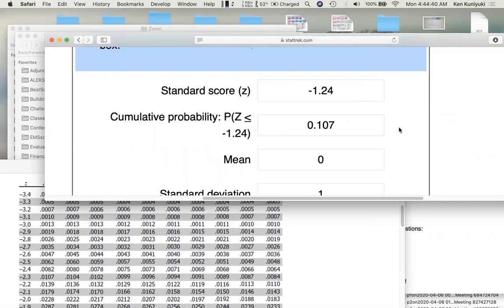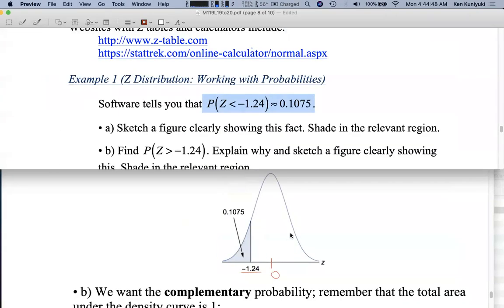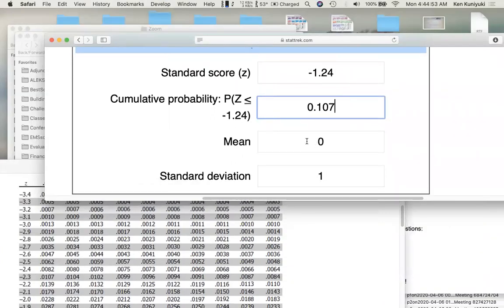I pressed return. Okay, 0.107. Well, pretty close. We got 0.1075 over here, but this is saying 0.107. And again, this corresponds to a standard normal distribution, mean zero, standard deviation 1.